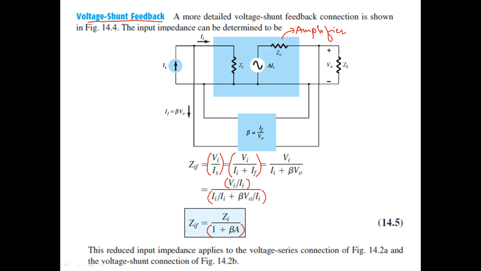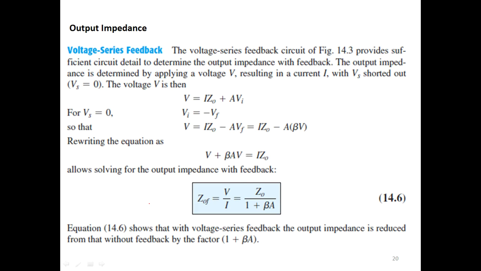So it means the input impedance with feedback for a voltage shunt feedback gets reduced by 1 plus beta A amount. And it is being given that this particular expression applies to voltage series connection and also the voltage shunt feedback connection.